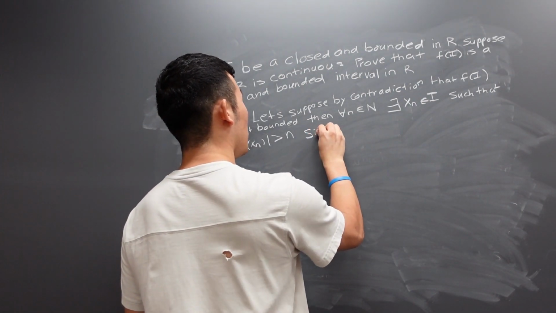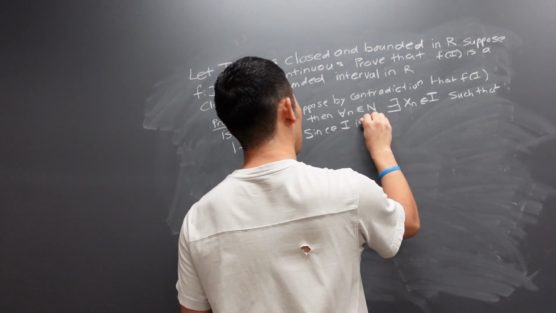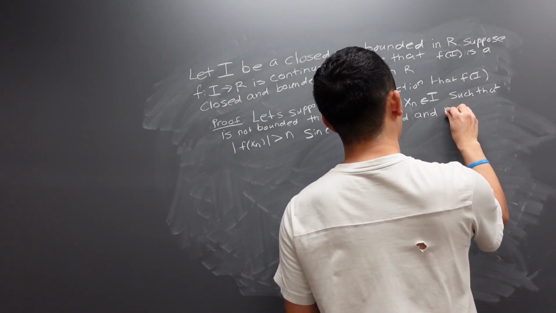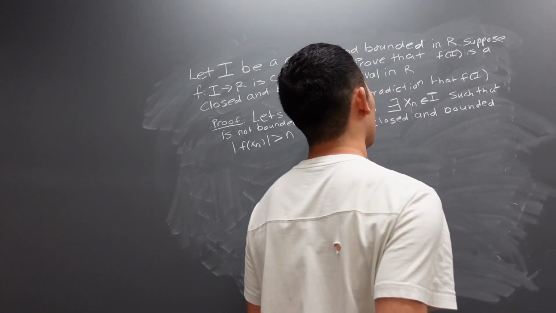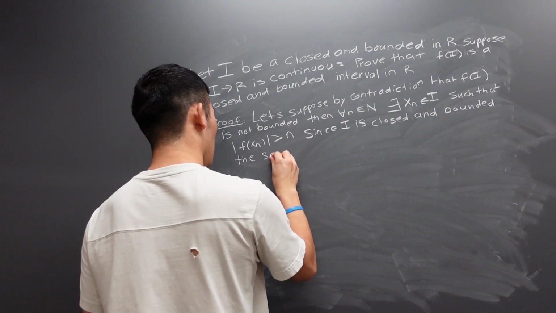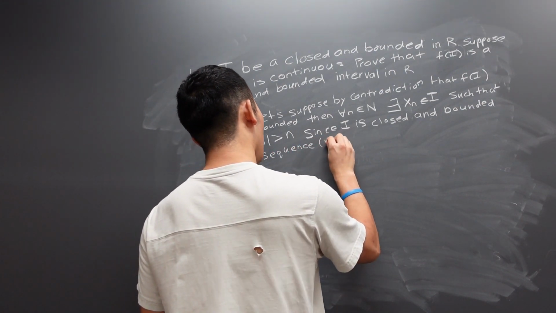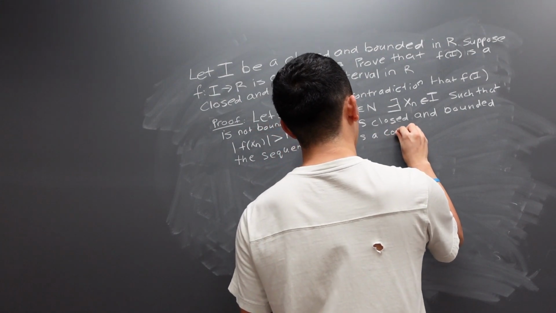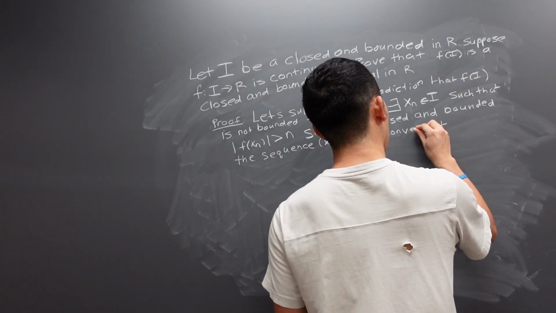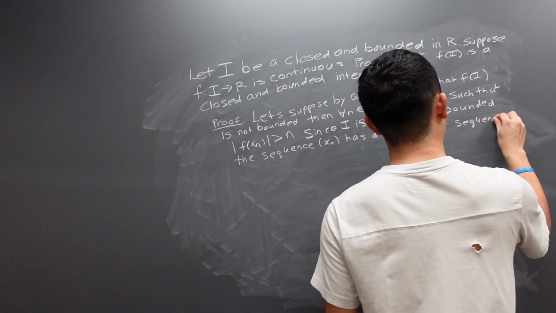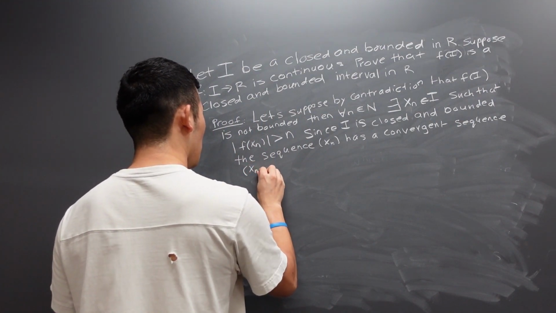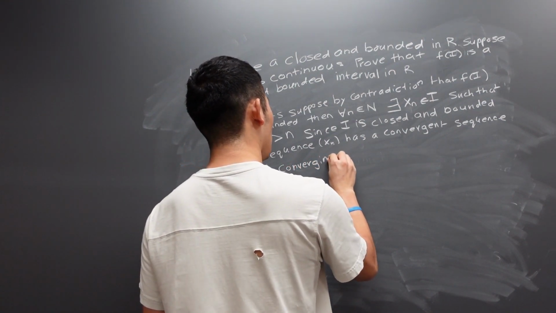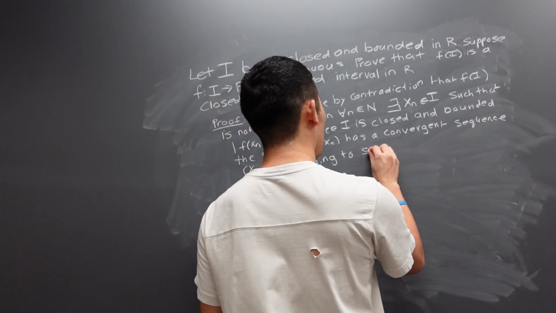And we know that since I is closed and bounded, the sequence x of n has a convergent subsequence, which is x of nk, converging to some c, which is in I.